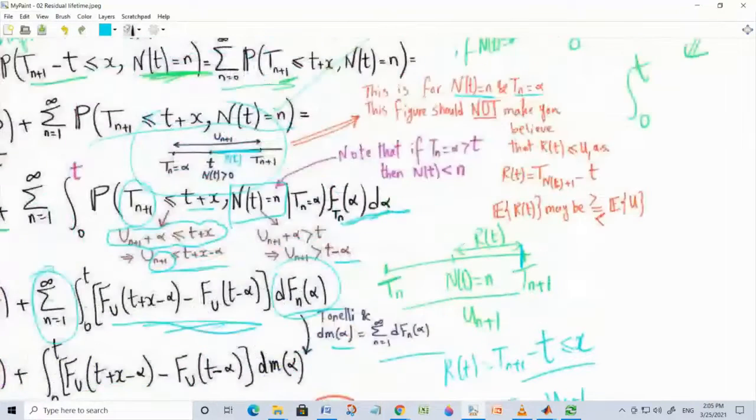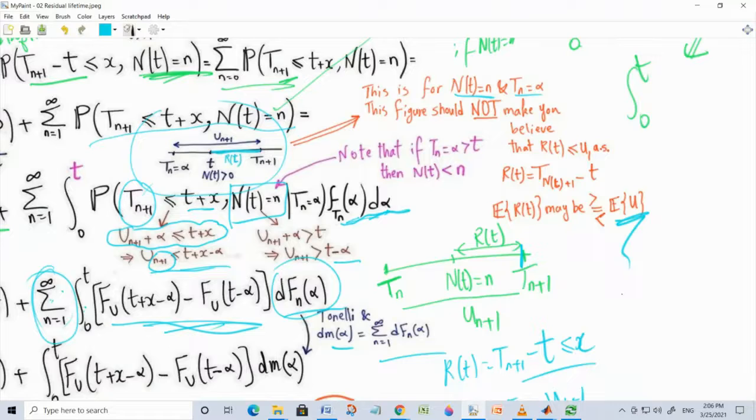The expected value of R(t) may be greater than, may be equal, or may be less than the expected value of U. If you don't like the process and you say it does not make sense that the remaining time is also exponential, the exact same distribution as the inter-arrival time, then basically, if the inter-arrival time has a mean value of 1 over lambda, the residual time has a mean value of exactly 1 over lambda.